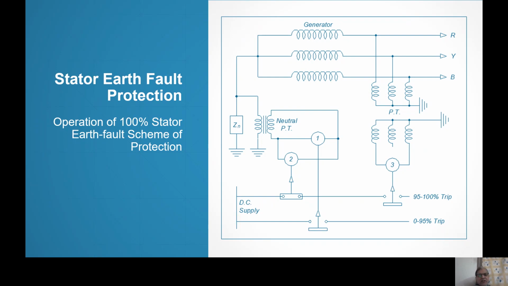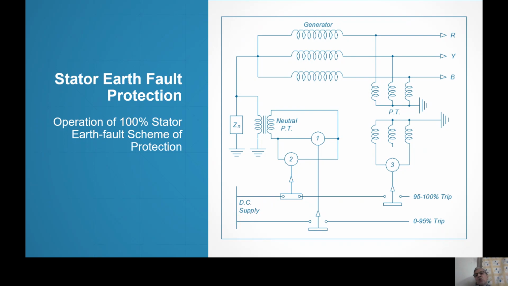Not 0 to 5%, because 0 to 5% it cannot detect. Because it is set at 3%, and when a fault occurs between 0 to 5% towards the neutral, then the third harmonic voltage will be less than 3%. So relay 1 will not operate.